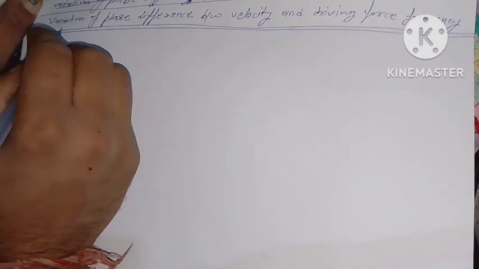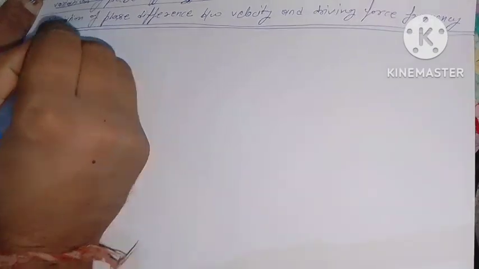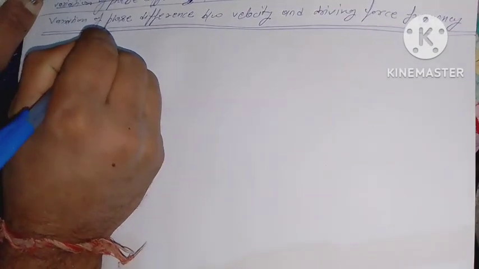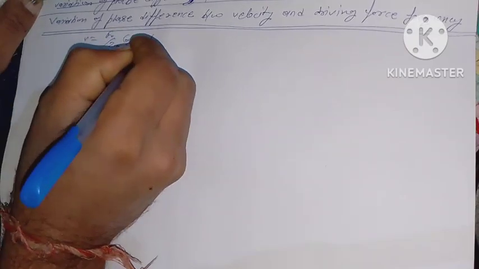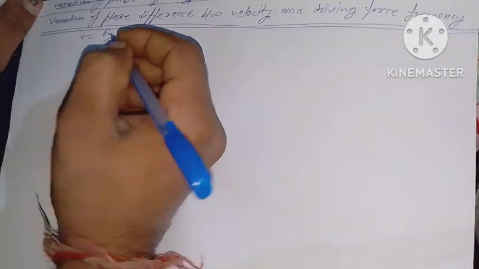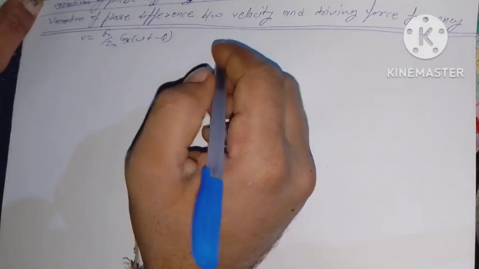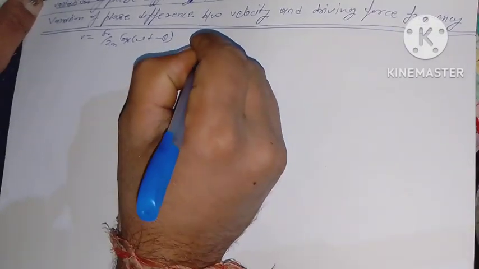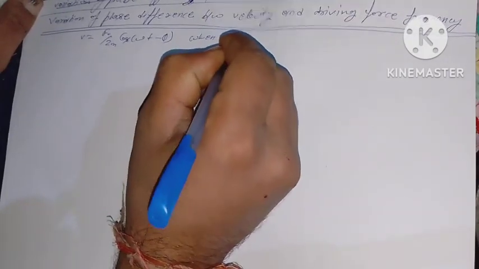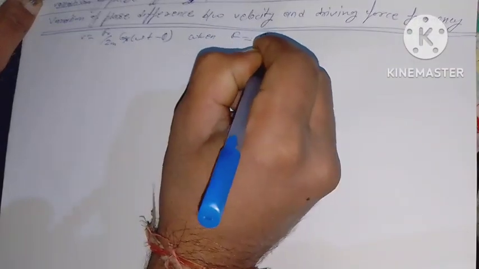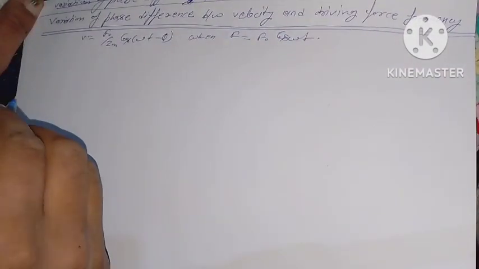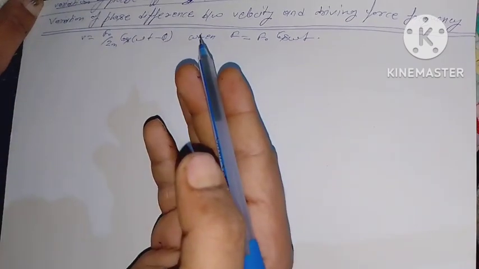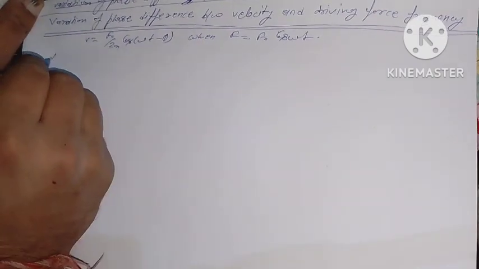The velocity for a forced oscillator is given by v equal to f naught upon Zm cos omega t minus phi, when the driving force is given by f equal to f naught cos omega t. The phase difference between velocity and driving force is minus phi.